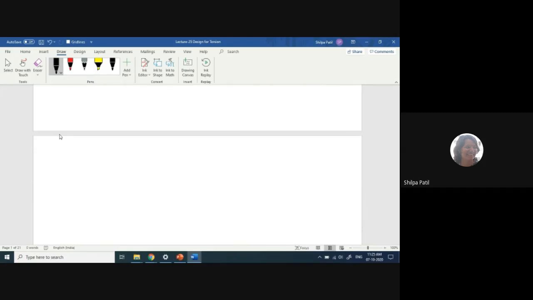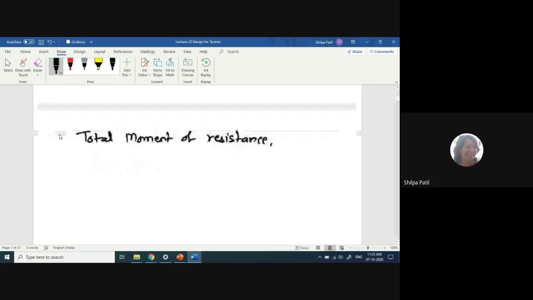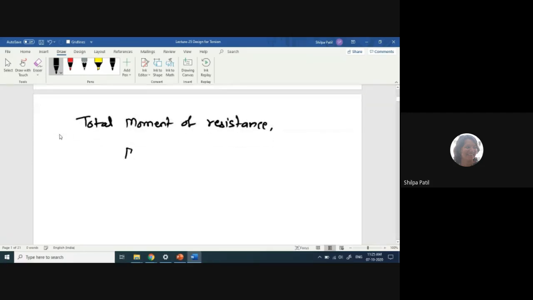So we can write down the total moment of resistance, that is Mur, will be equal to, obviously for equilibrium, whatever is the external moment acting on a beam, the entire moment should be resisted by the beam.